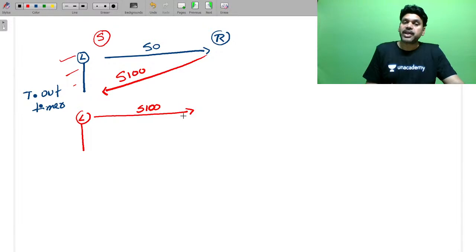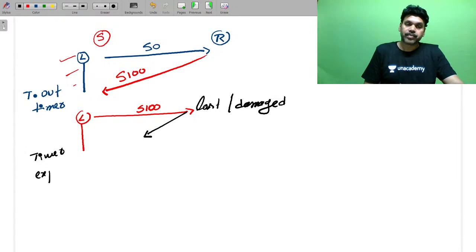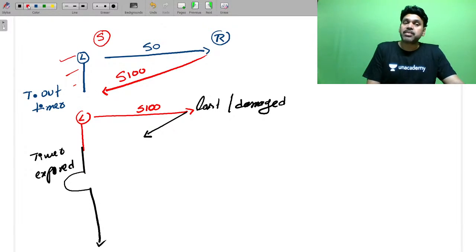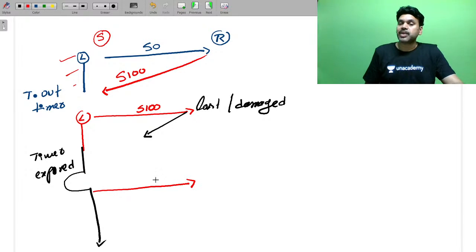So for example, either the segment is lost or this segment is damaged, consider that. Then once the timer has expired, we reset the timer and give it some time, and whatever segment has not been acknowledged, we retransmit.